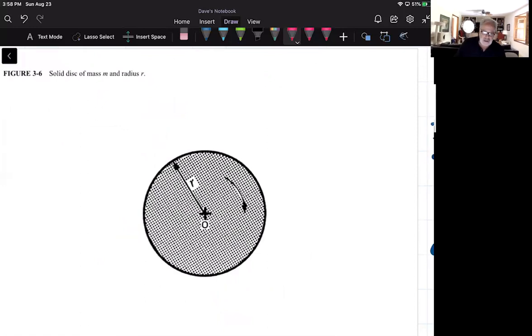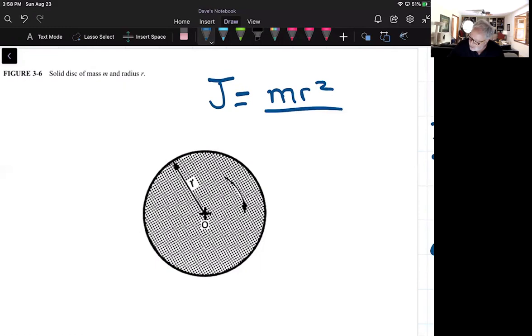Let's say we had a solid disk of mass m with a certain radius. This solid disk is rotating, and we have a J number associated with it that is unique to this particular shape: the mass times the radius squared divided by 2. We don't have to worry about the derivation. We're given this number, and we just want to use it.